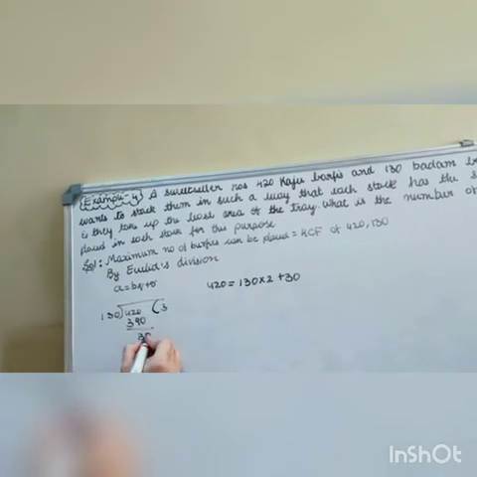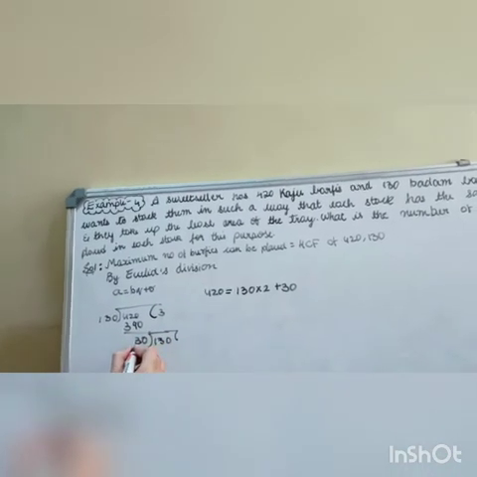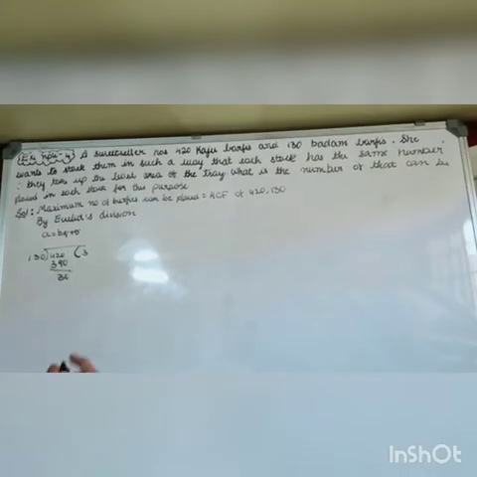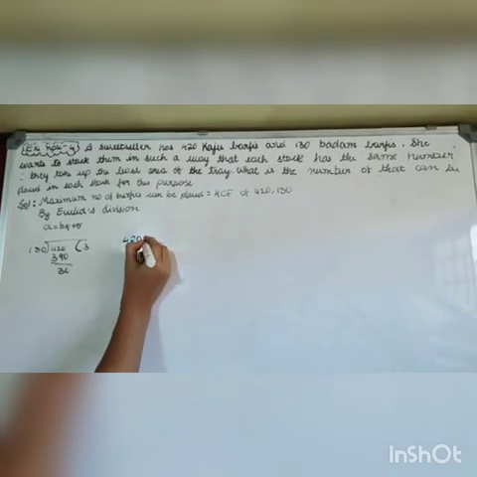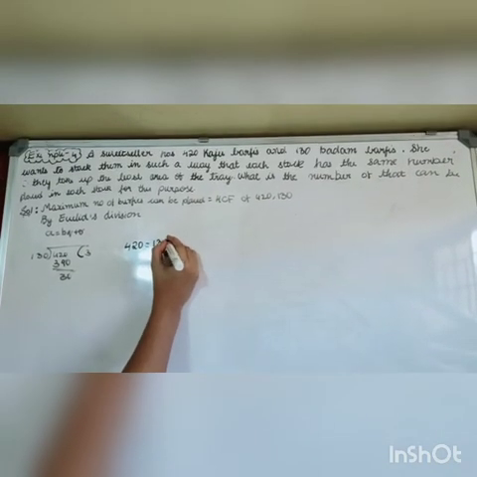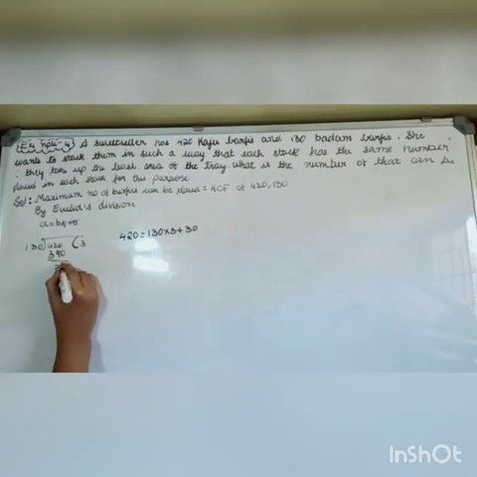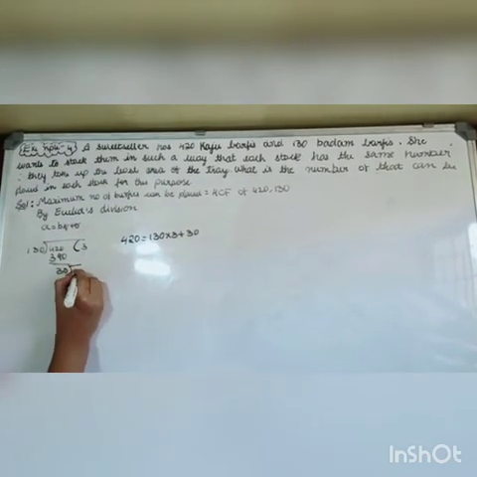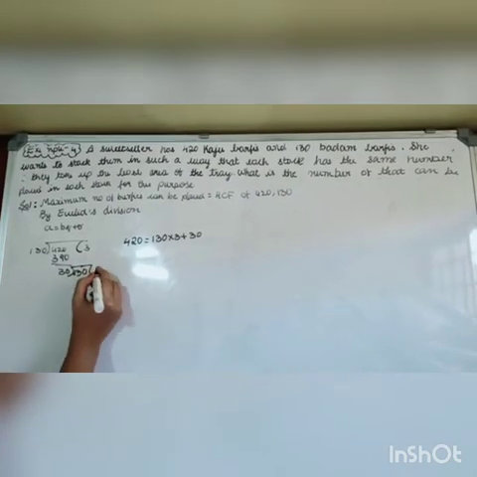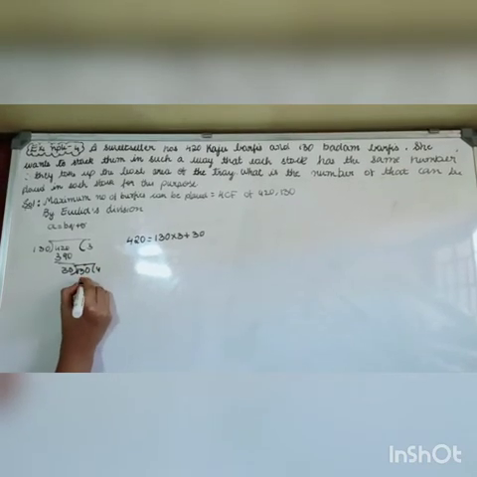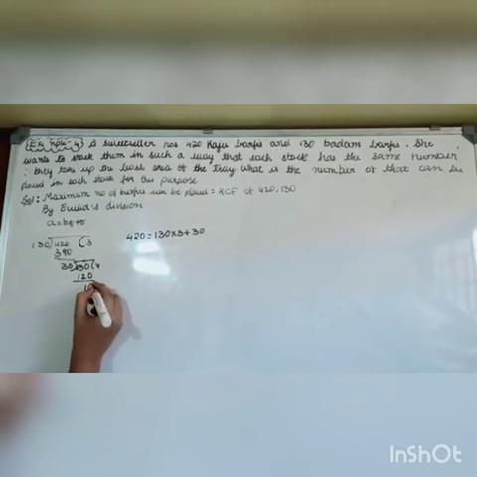Previous step's remainder will become the divisor here. So 30 into 4 is 120, and if we subtract this we get the remainder 10.